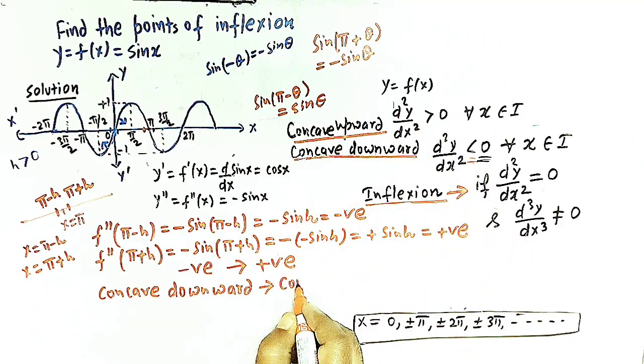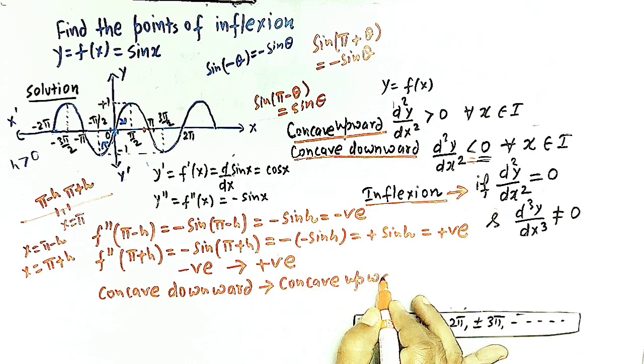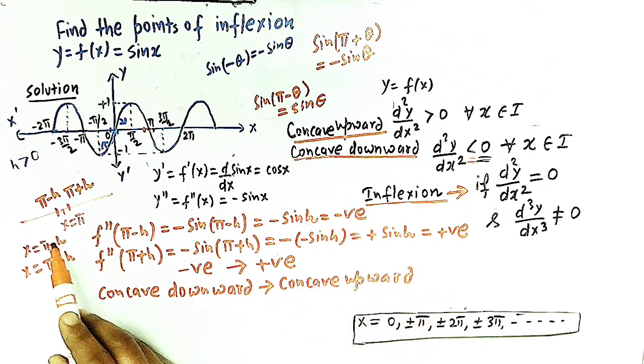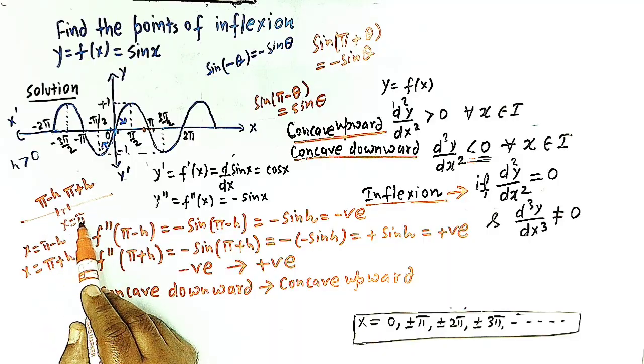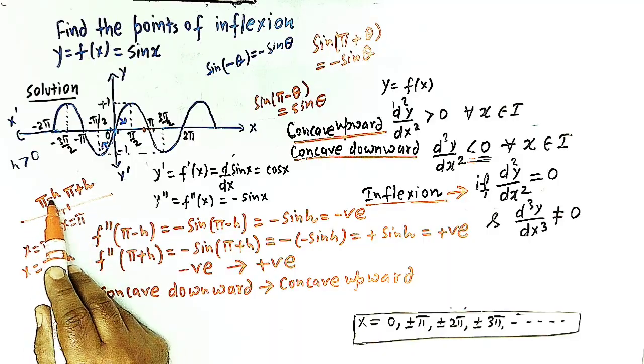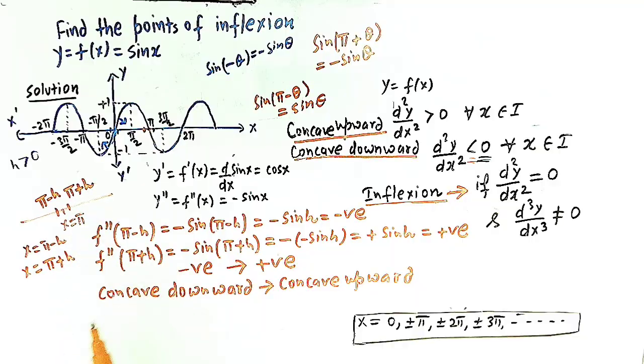So here we have concave upward, right? So here, when we make a transition through x is equal to pi, from pi minus h to pi plus h, the concavity changes from concave downward to concave upward, right?